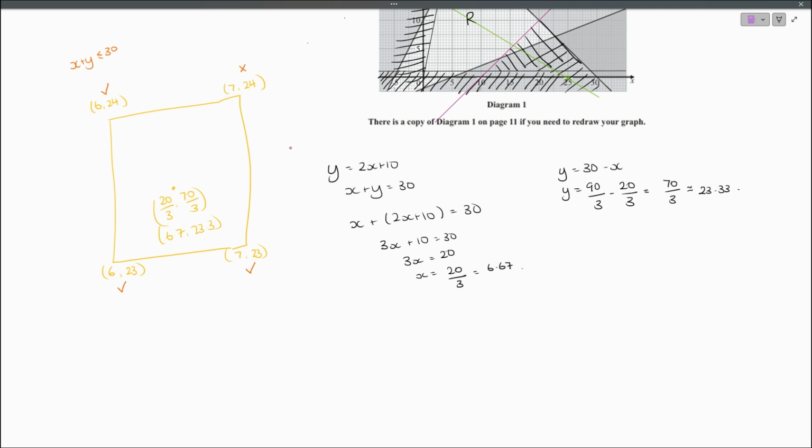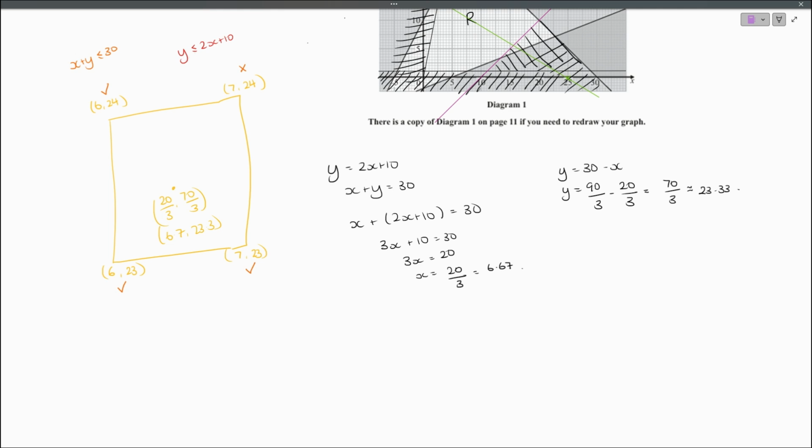We've also got another criteria. y has to be less than or equal to 2x plus 10. And these are the only two criteria we're considering because it's the intersection of these two lines, so it's these two criteria that are going to make or break the solution.